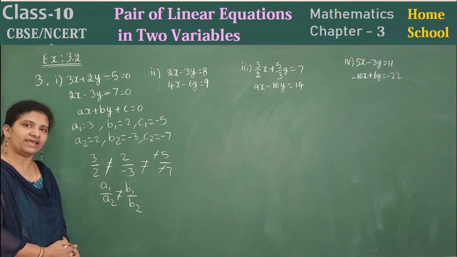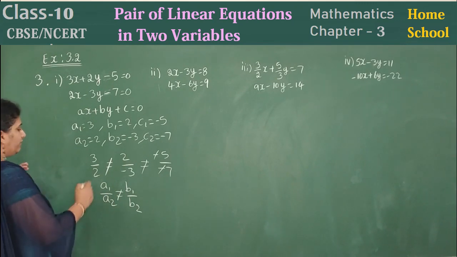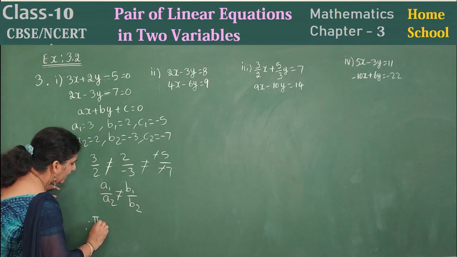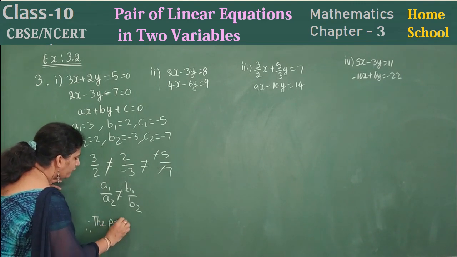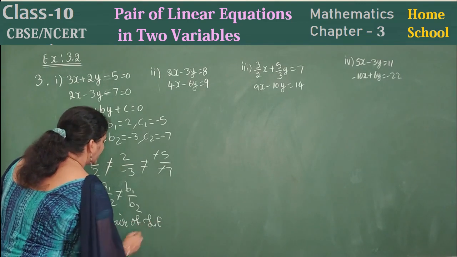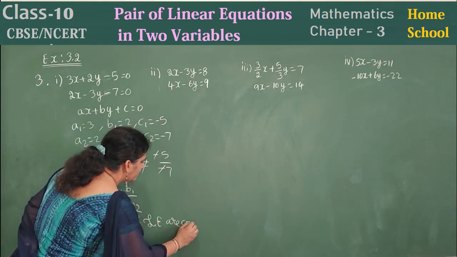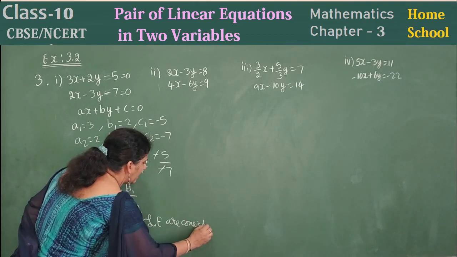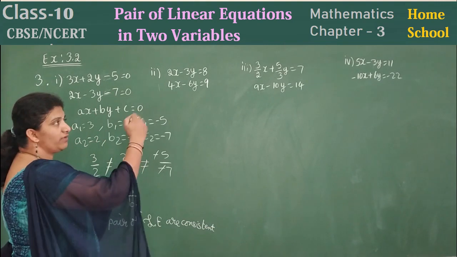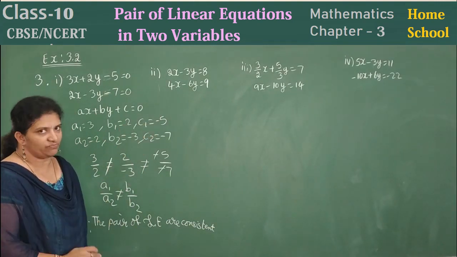Therefore the two lines are intersecting and have a unique solution. Therefore the pair of linear equations are consistent. I am doing all these problems in short, but you do it neatly with the statement and stepwise.